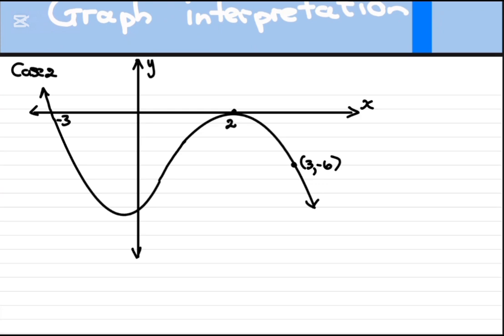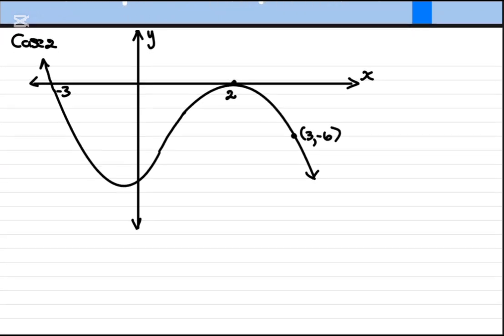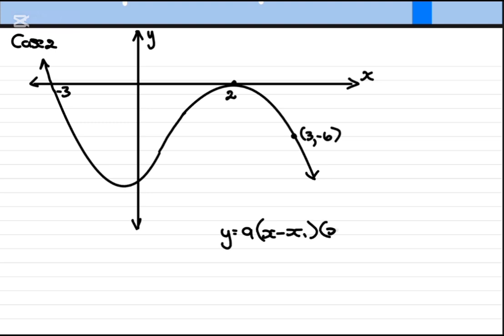Now you might look at this scenario, this case, and think, now I've only got 2 x-intercepts. In theory, you still have 3 x-intercepts. But two of them are just one common point.